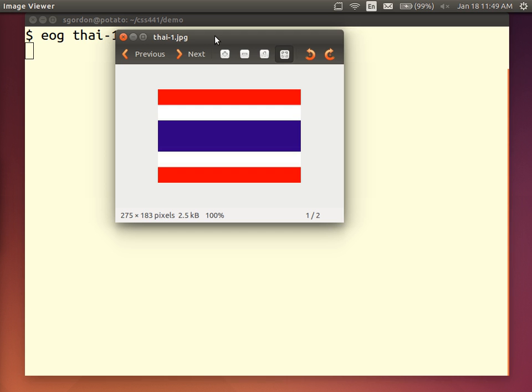I applied a steganography algorithm and it took a text message and changed some of the bits in the image, then compressed it again with JPEG, and the output was this one. Any difference? Almost no noticeable difference in the image.